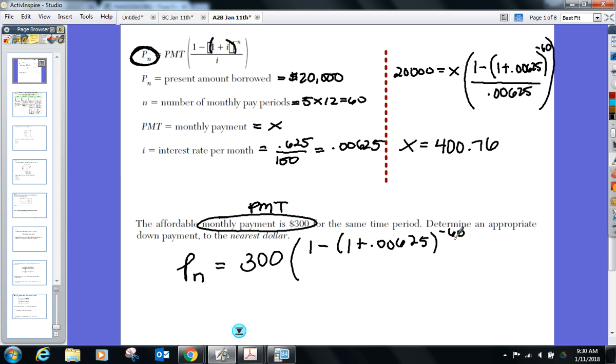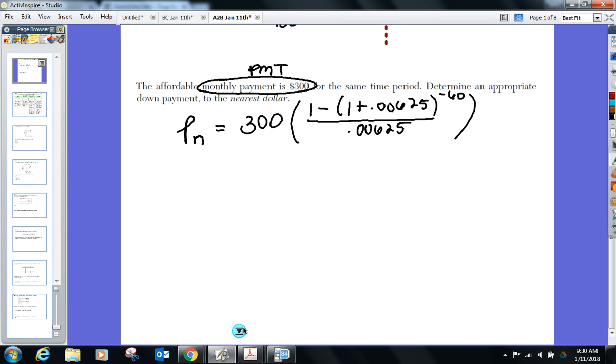Raised to the negative 60, all over 0.00625. Boom. That can all go in your calculator. And again, I just don't have the time today, guys, to wait for everybody. 14,971.59.